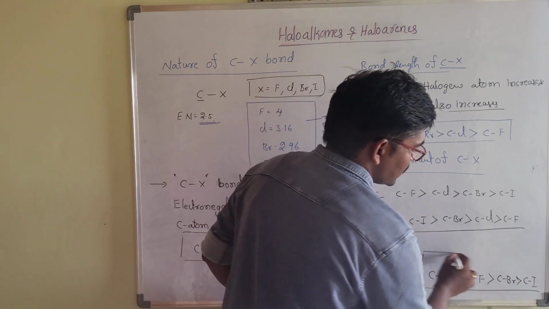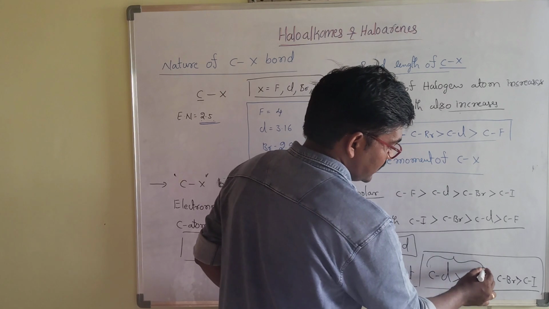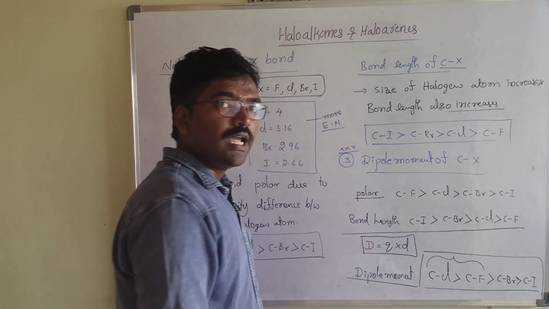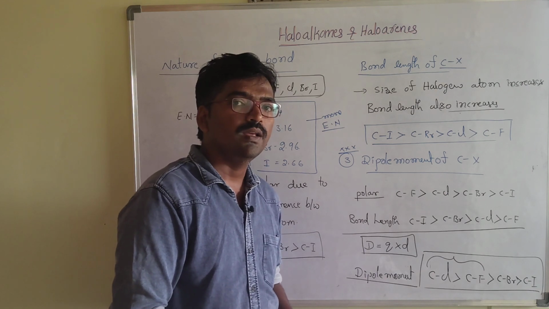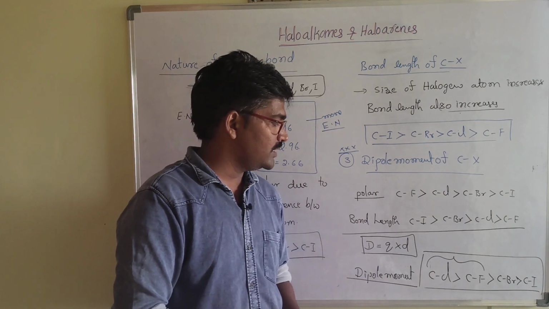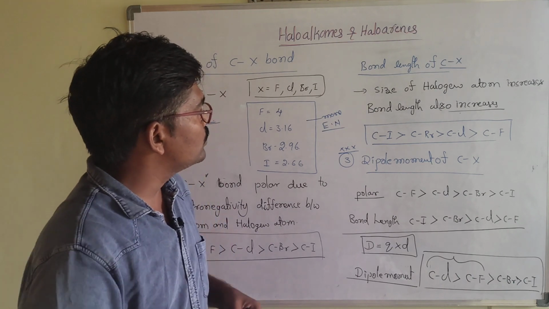So this is the exception case. Between C-Cl and C-F, the dipole moment is greater in C-Cl, and C-F has less dipole moment than C-Cl. Clear, all of you?